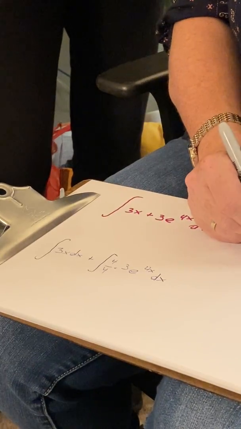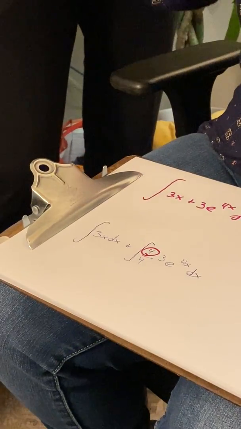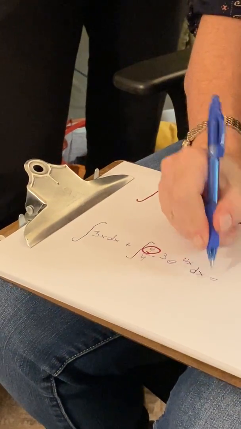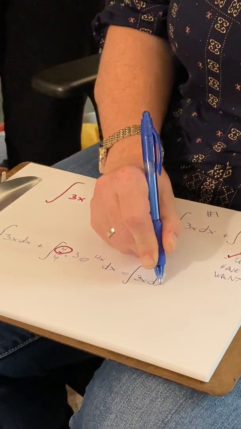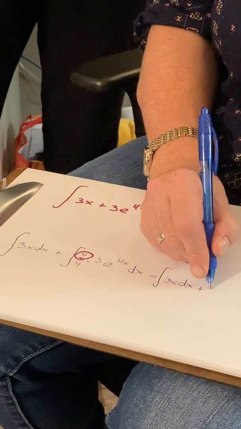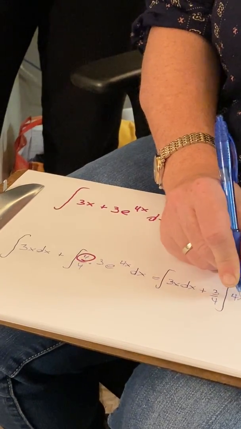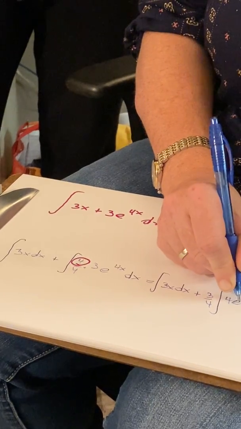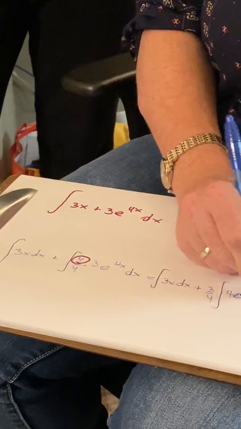So what do I kick out? 3/4. Good, so this becomes the integral of 3x with respect to x plus 3/4 times the integral of 4e to the 4x with respect to x.